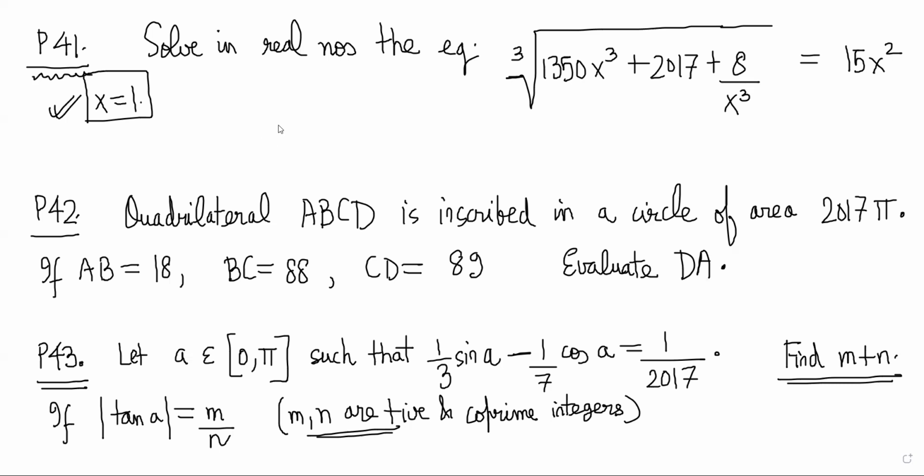Okay. 1350 t plus 2017 plus 8 by t is equal to 3375 t square. Hmm. And following that, I got a cubic polynomial wherein I put t equal to 1 and it solved.